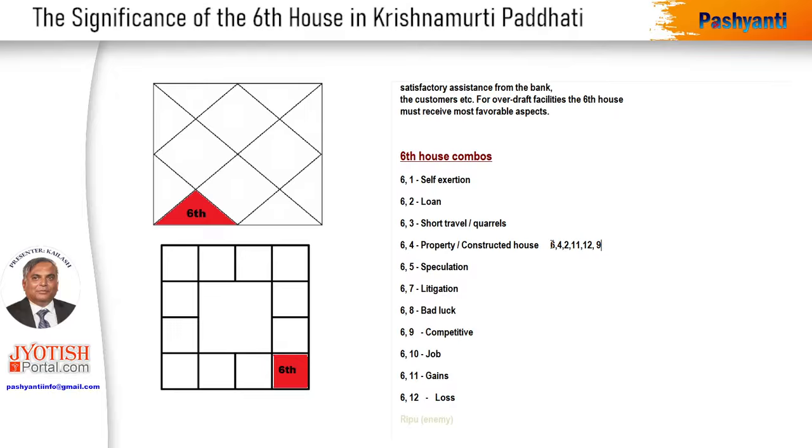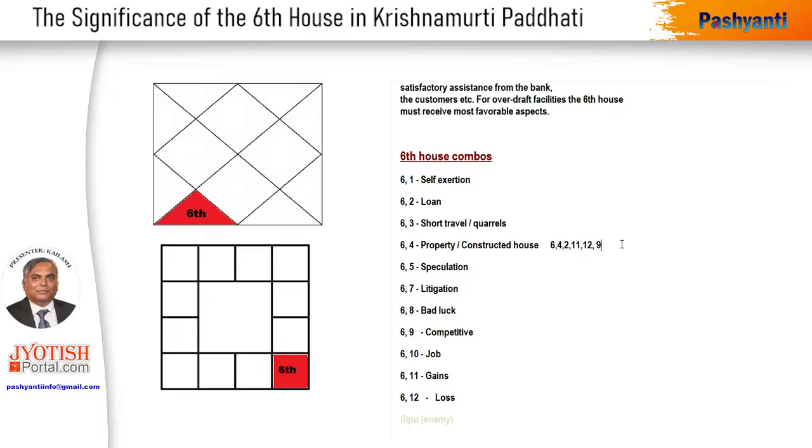But if you want to elaborate this combination, then it indicates that this person will take a mortgage because of the 2 and 6, and then the sixth house also shows that this person is going to have a constructed house, and the ninth house over here shows that this person is going to acquire a flat or an apartment in a society building.